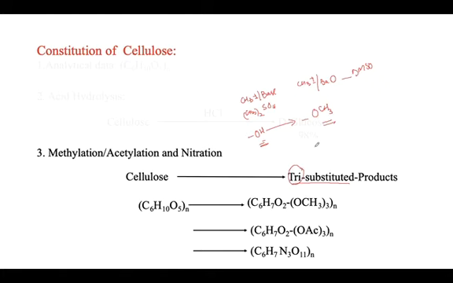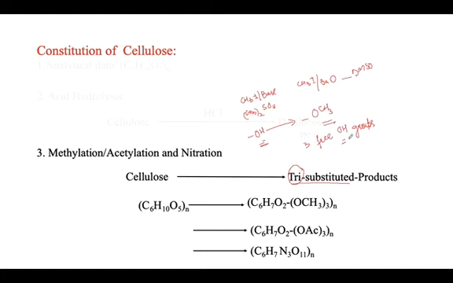That each monosaccharide unit which is present in cellulose has at least three free hydroxy groups, free OH groups. So we can say that in each of these sugar molecules, we have at least 4 to 5 hydroxy groups.